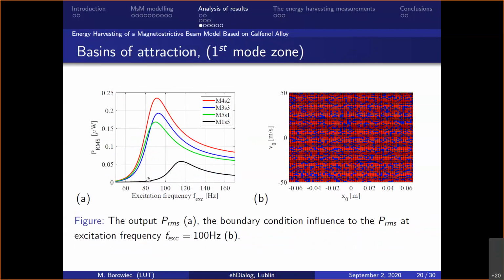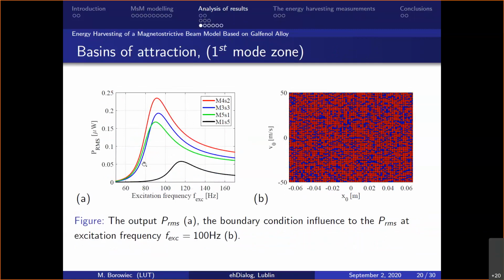Okay, and when the system vibrates in the first resonance zone, then intermittent effects didn't occur. We didn't notice any jumps between the two solutions for any of the investigated initial conditions.